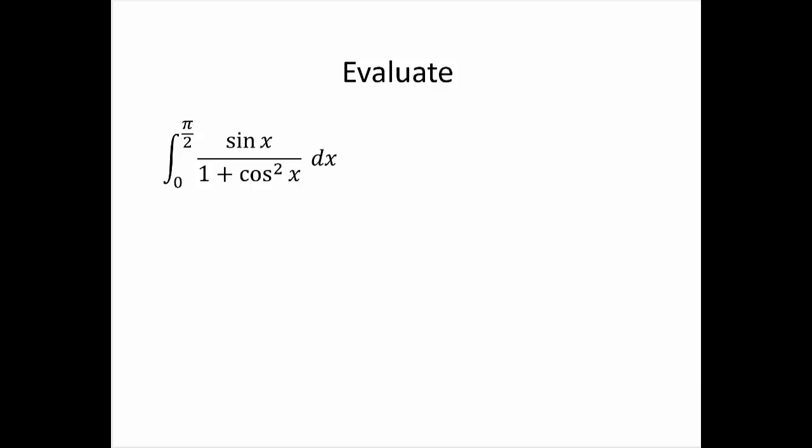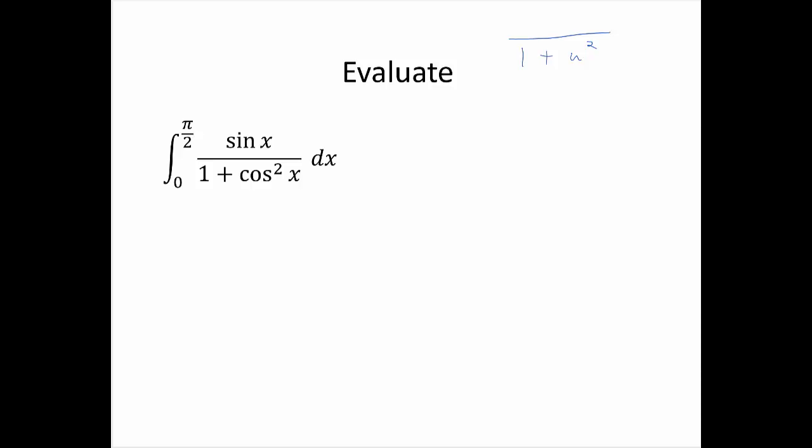Integrate from 0 to pi over 2 sine x over 1 plus cosine squared x dx. Alright, so for this one, I look at that denominator. See how that denominator sort of looks like we have something over a 1 plus u squared?